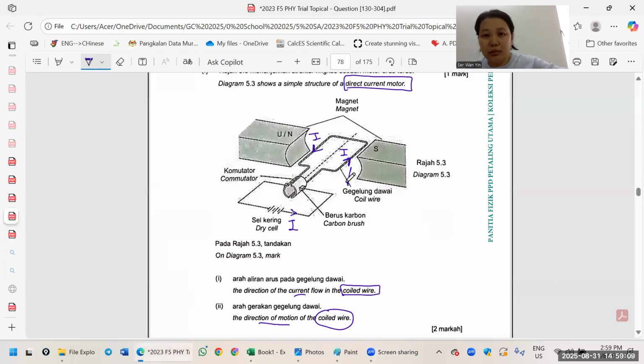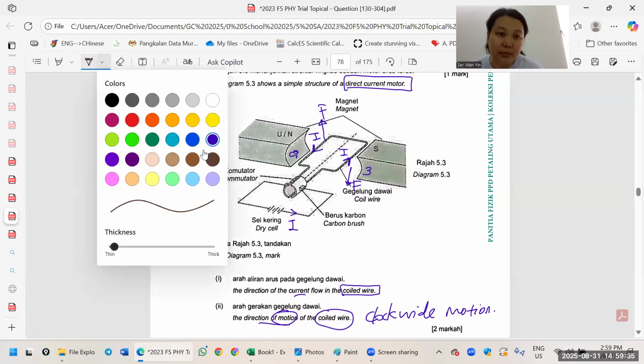So this one will go down first, then this one will go up first. So this is 9 o'clock, this is 3 o'clock. So yeah, it's clockwise motion.